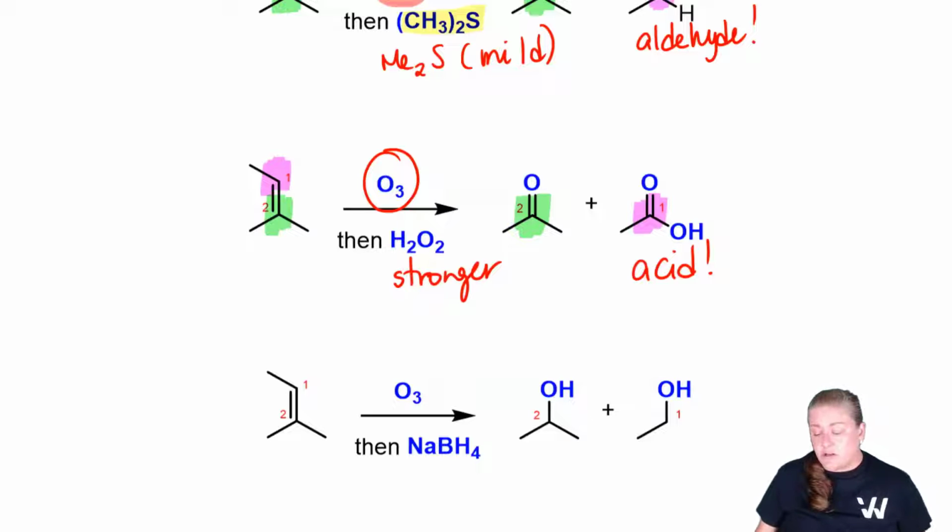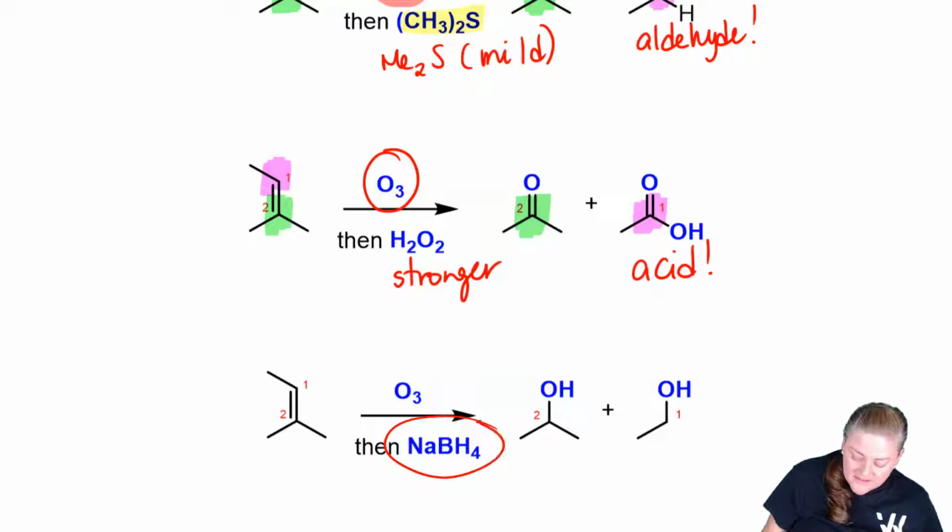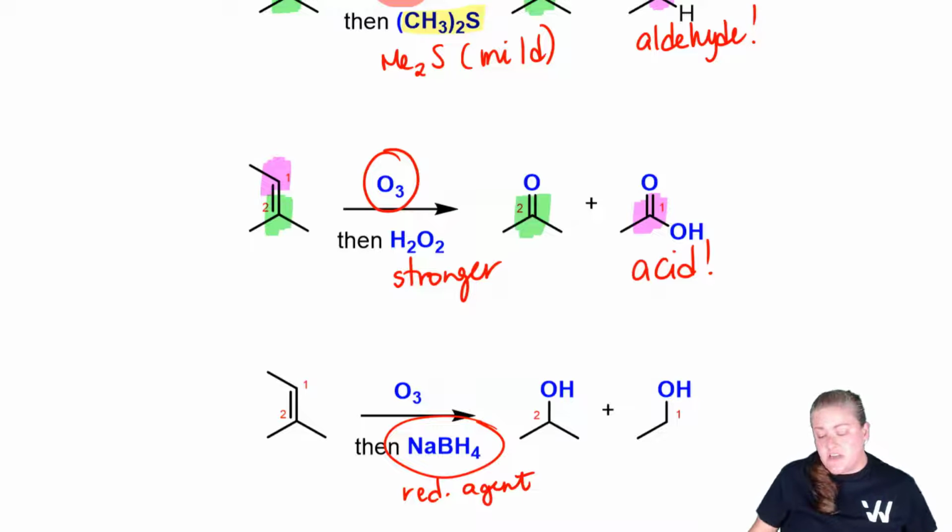Now, I said earlier that we can also use sodium borohydride here. This is a reducing agent, which you'll see more of in other sections, but a reducing agent will both cleave the bond after that ozonolysis and give a reduction of the carbonyls to give us the alcohols here and here.